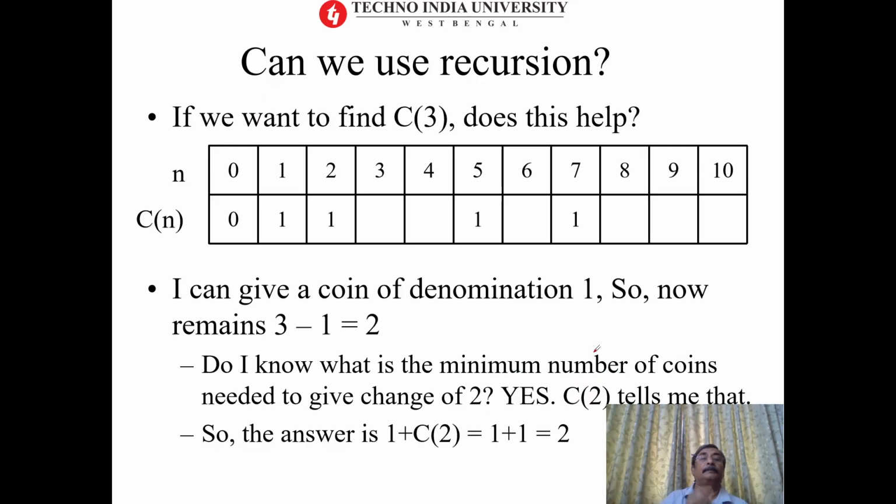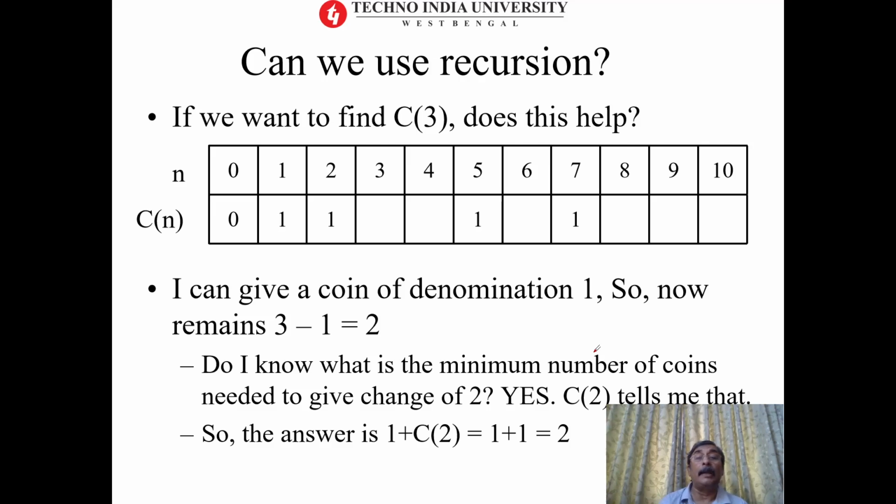So let's look at it. Now, if I see what could be done, I can give the person a coin of denomination 1. So what is remaining now? 2. Now, do I know the minimum number of coins I need to give for a change of 2? Yes, C2 tells me that.